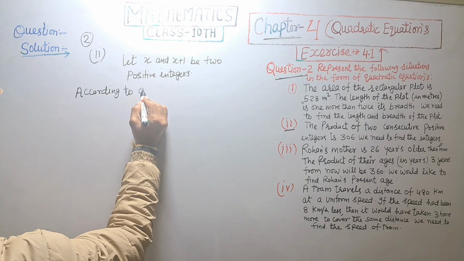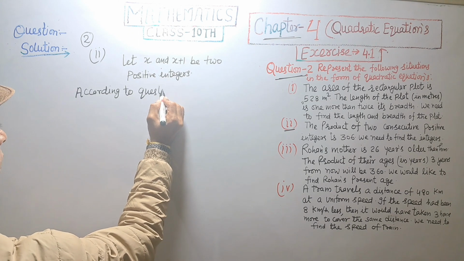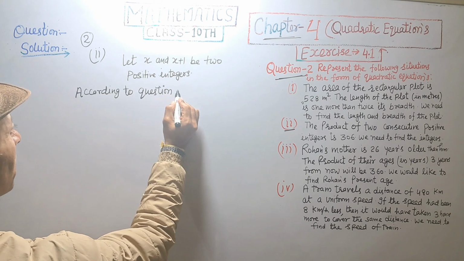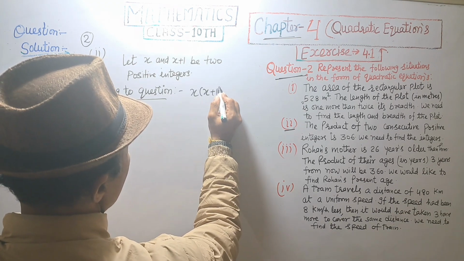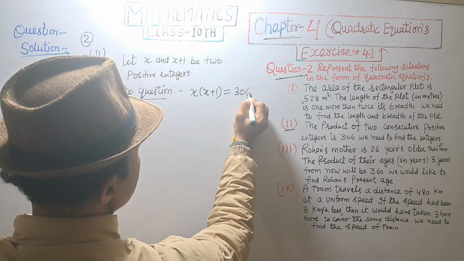According to the question, the product of the numbers is equal to 306.